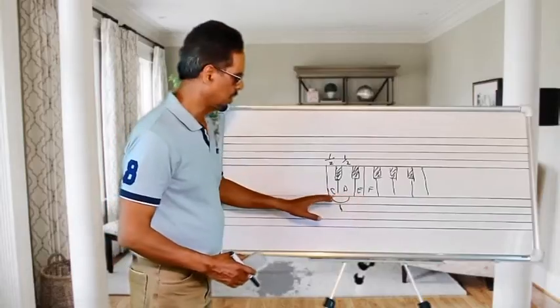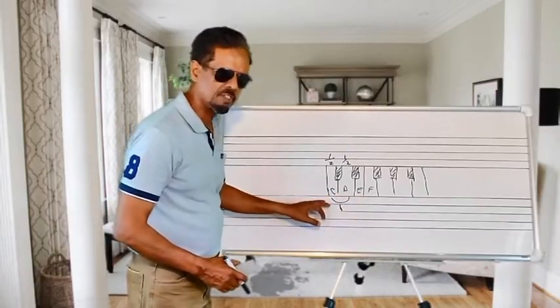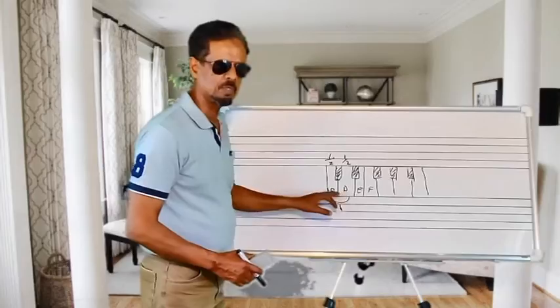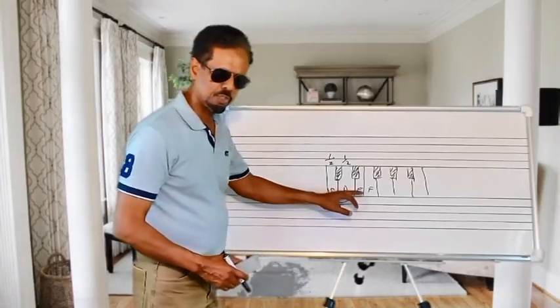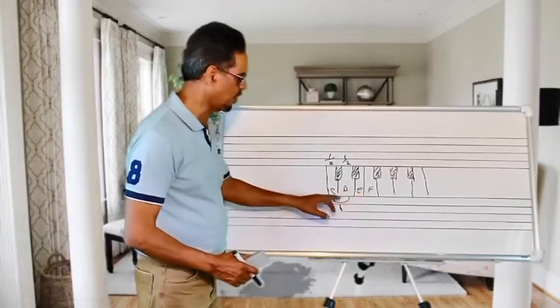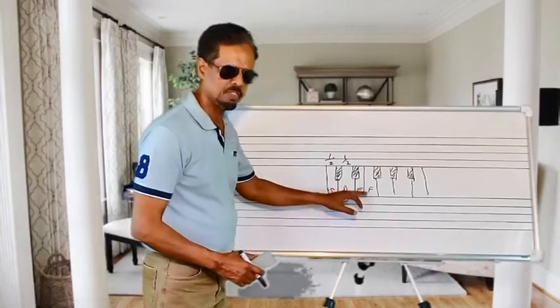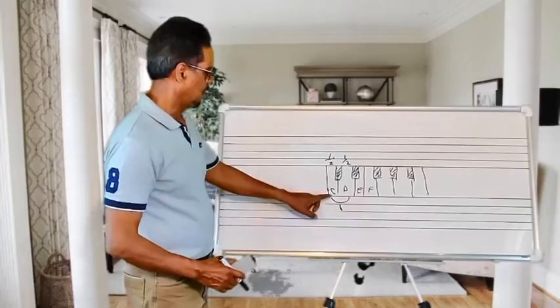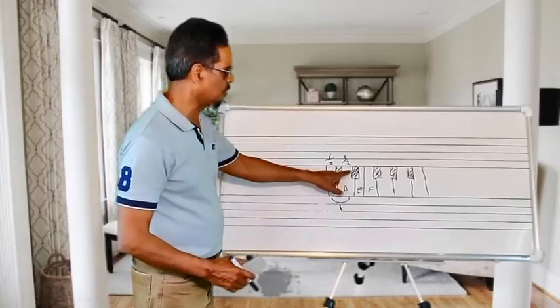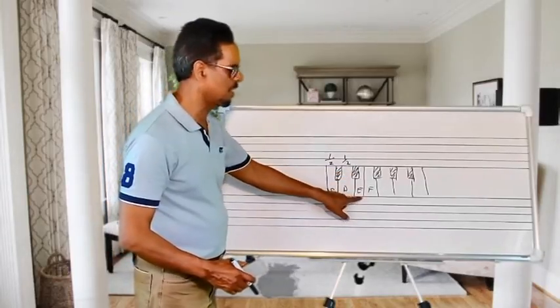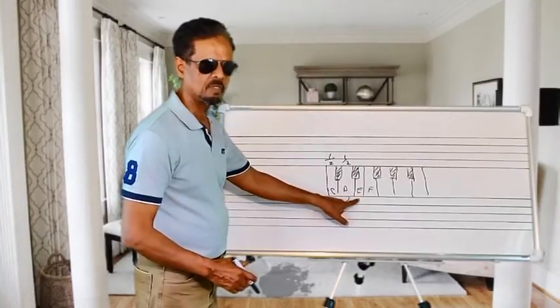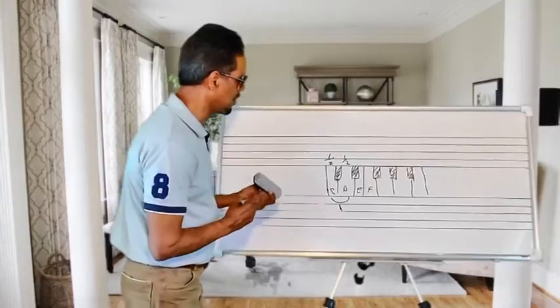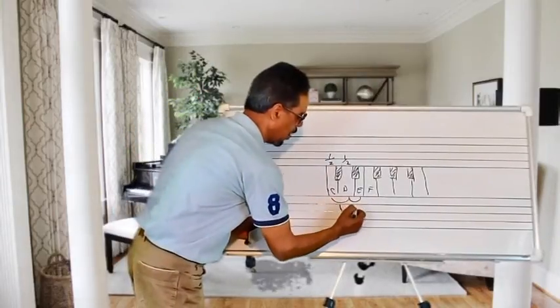Now tones can be understood as the distance between notes. The pitch changes from C to D and the distance changes. From D to this black is half, from this black to E is half, again from D to E is one tone.